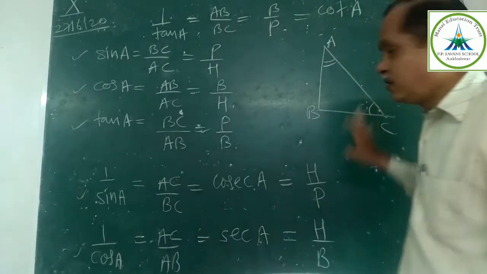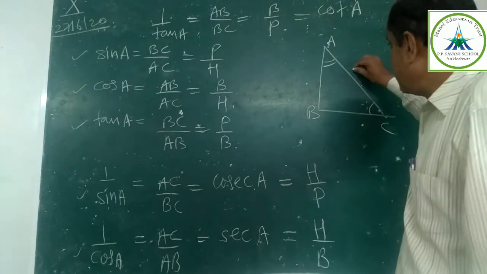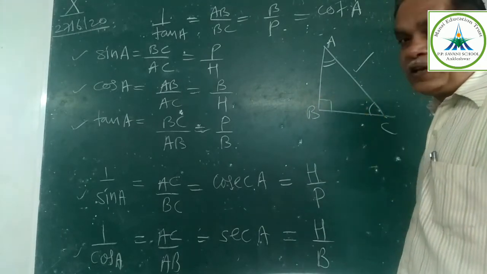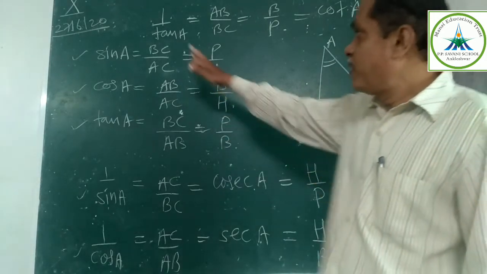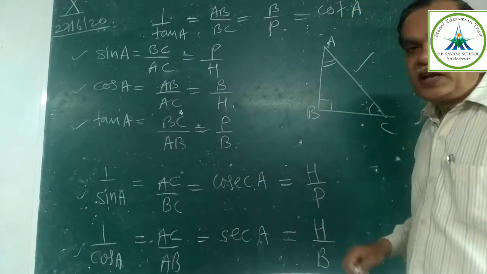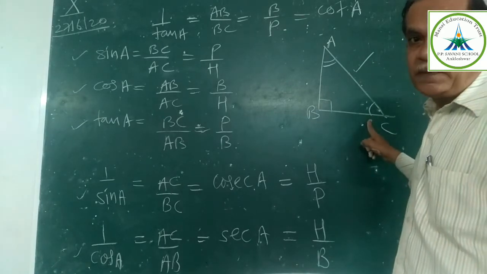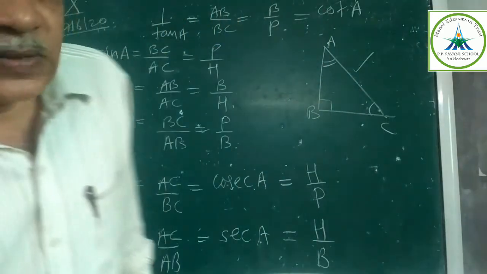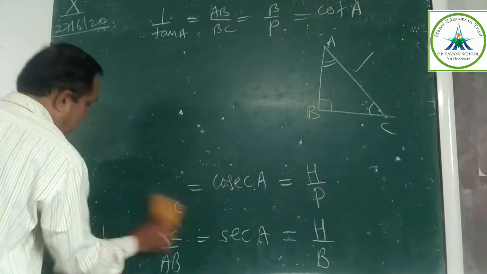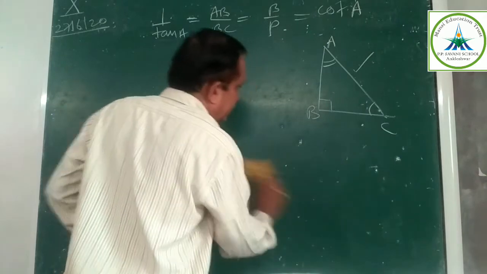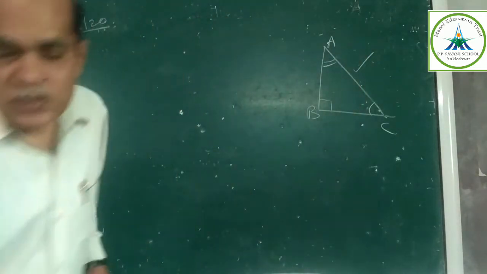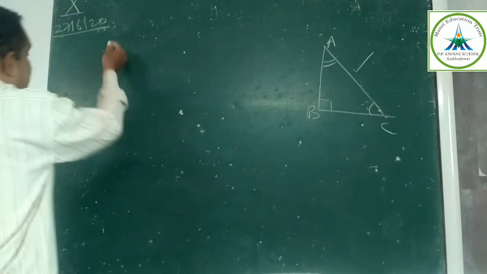Now I am drawing the triangle ABC, angle B is 90 degrees. We wrote the trigonometric ratios for acute angle A. Now you can write the trigonometric ratios for acute angle C. This is just for you to write yourself. Now I will wait 30 seconds to see how many of you can write. Okay.